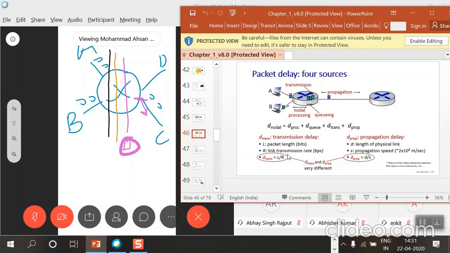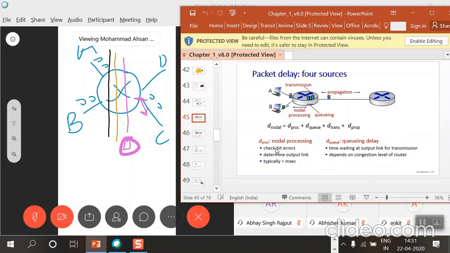So what we saw, first one, nodal processing, that is the time taken by the router, that is the first black line denoted here. Then the time taken by the router.